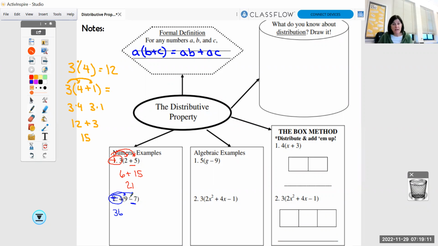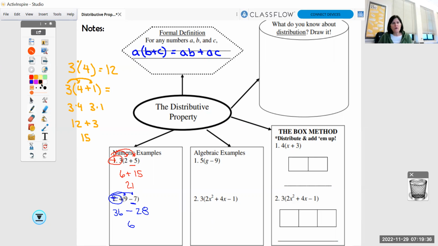Remember, the minus is now also negative. So 4 times negative 7 is negative 28. We're going to write that as negative 28, which actually means minus 28. So 36 minus 28, because those are numbers, we can do it in our head or using our calculator, and we get 6.